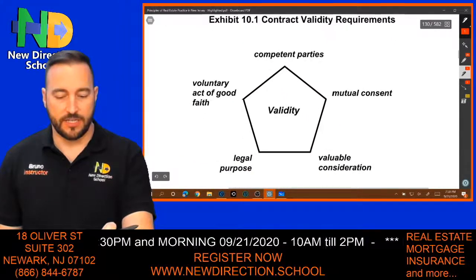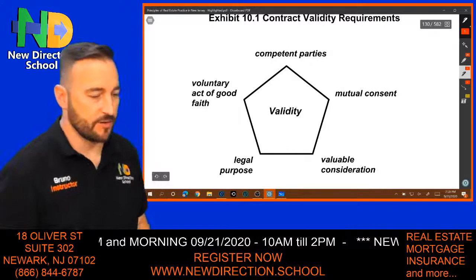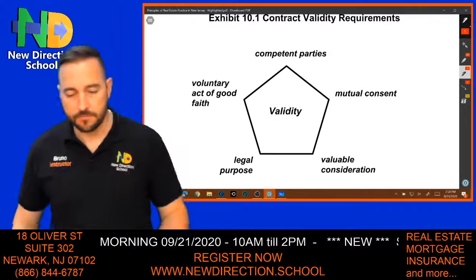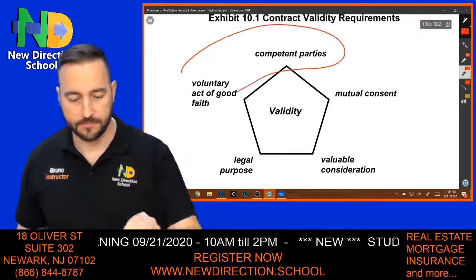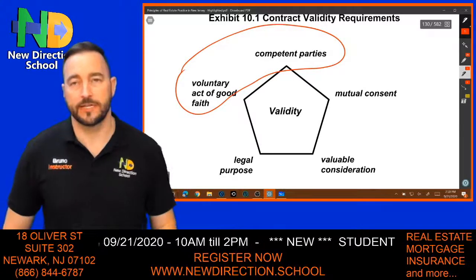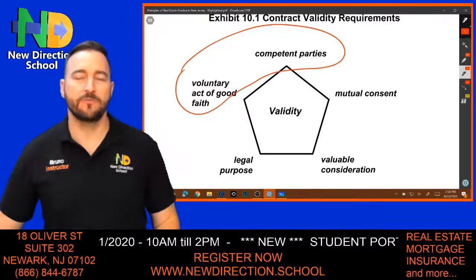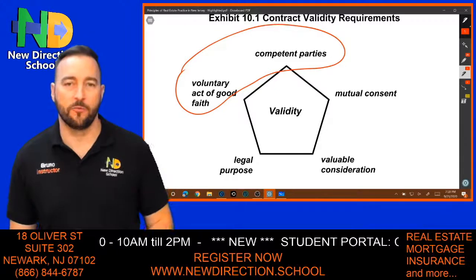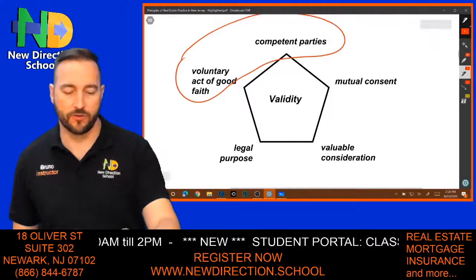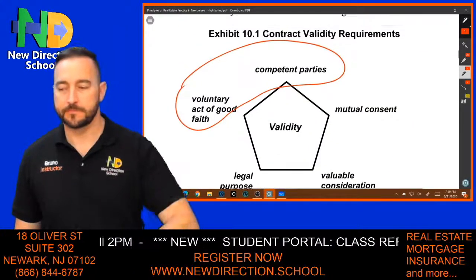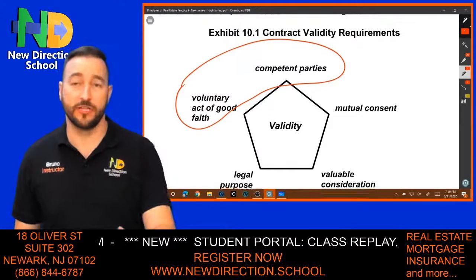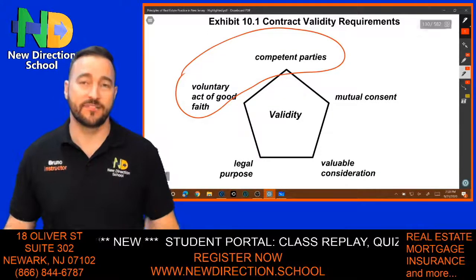So, validity of a contract. Okay, very important. These go together. You have to be a competent party. What is a competent party? We're going to go over that in a second. It's somebody that's over the age of 18 and of sound mind.